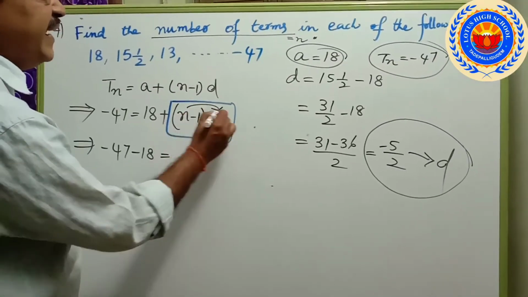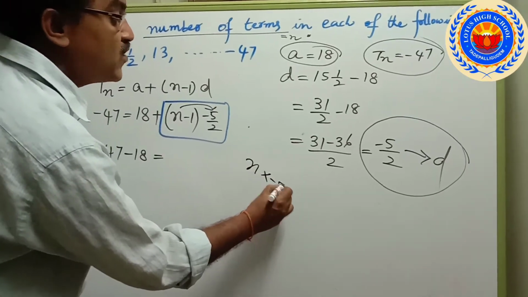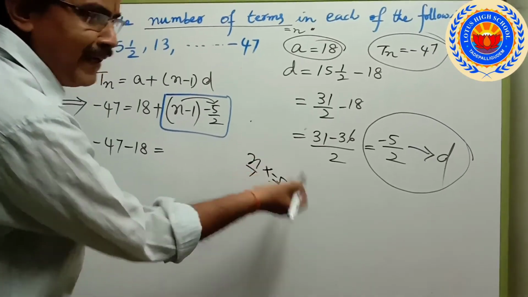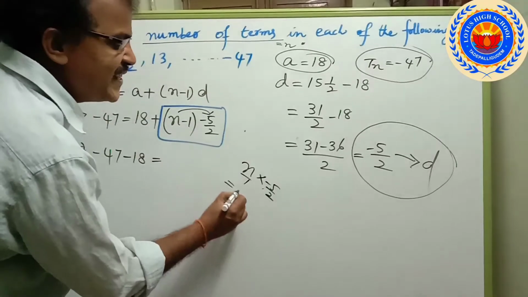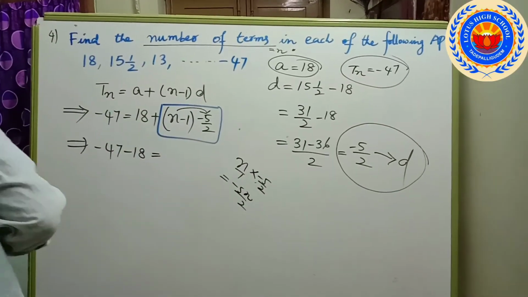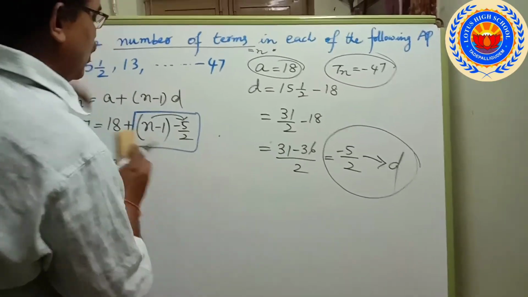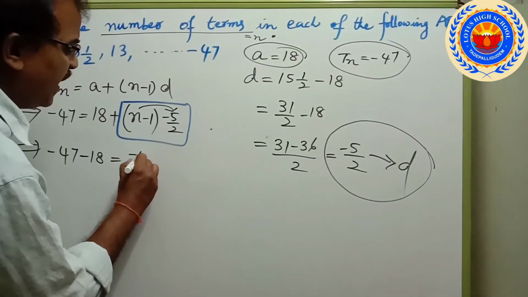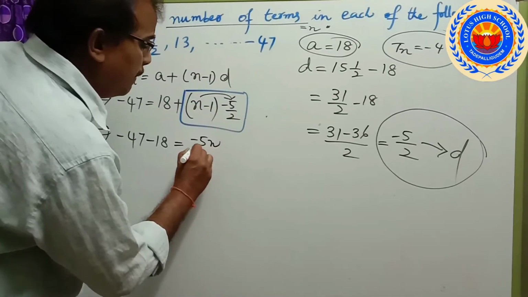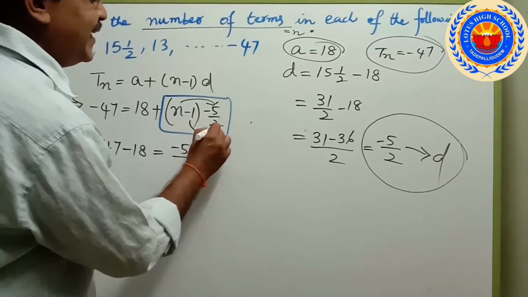What is that? n into minus 5 by 2. If you multiply like a normal fraction, this is nothing but minus 5n by 2.